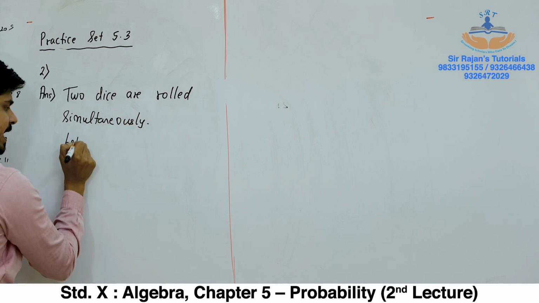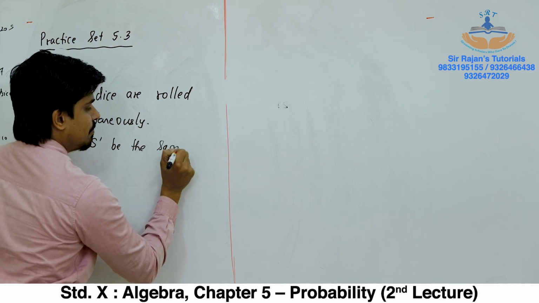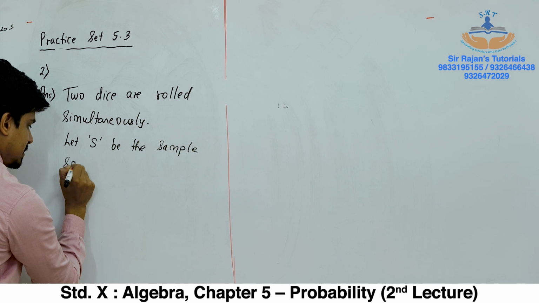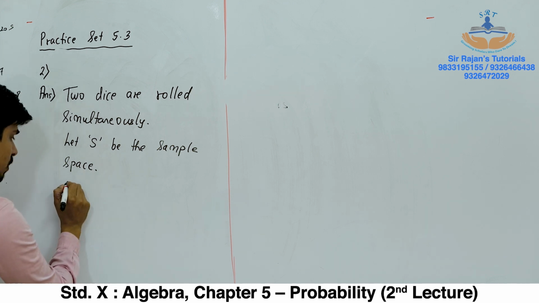Then let S be the sample space. Okay, write everything very systematically. पहले random experiment लिखा. This statement will come in all the question. Let S be the sample space. Now you need to write the possible combination.